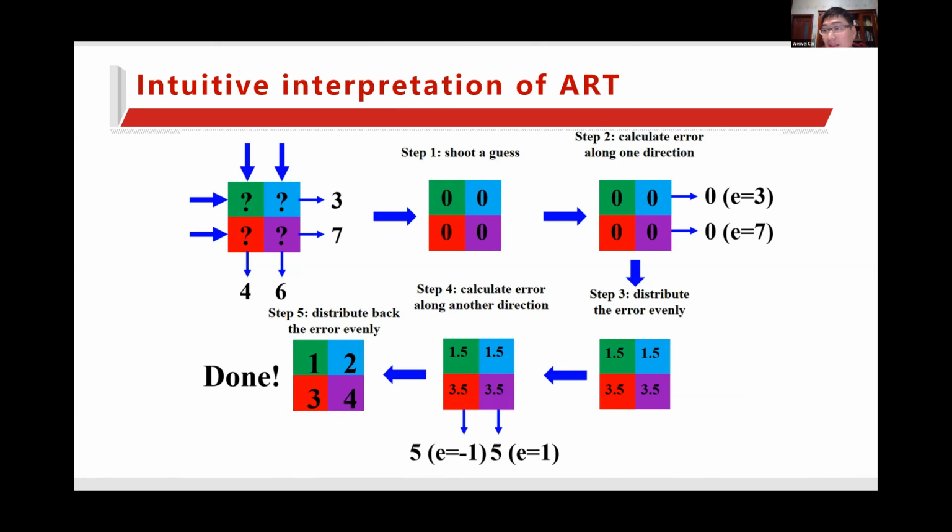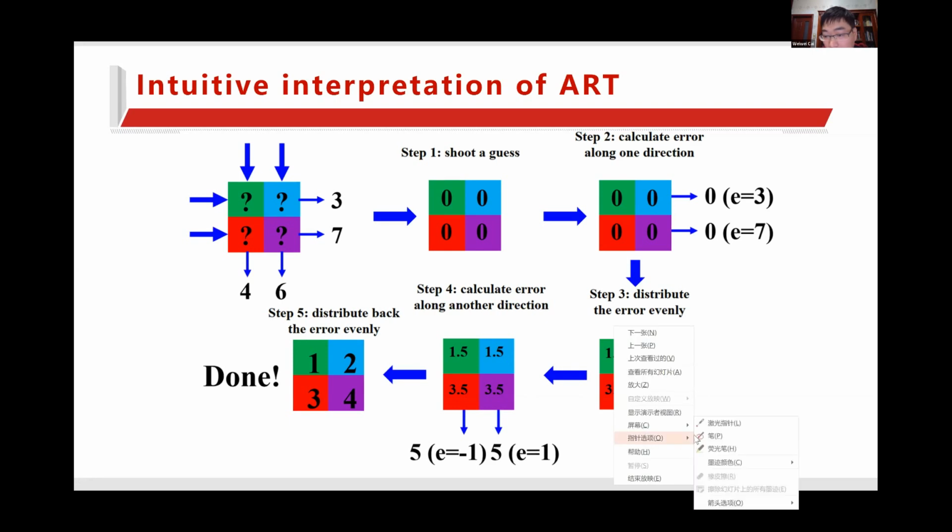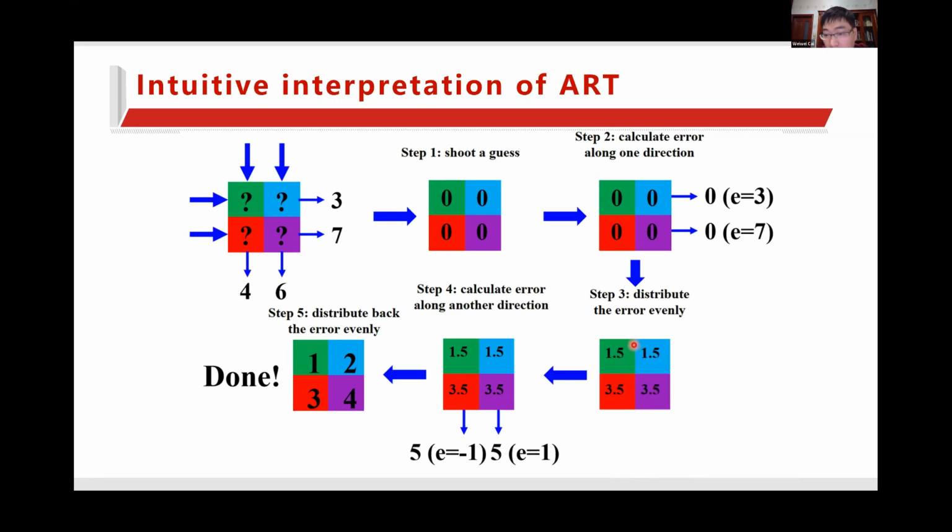So we divide the error by 2 and add it to the pixels along the horizontal direction. This is called back projection. Then we update the values of the pixels as shown here: 1.5, 1.5, 3.5, 3.5. Then the horizontal projections are corrected.